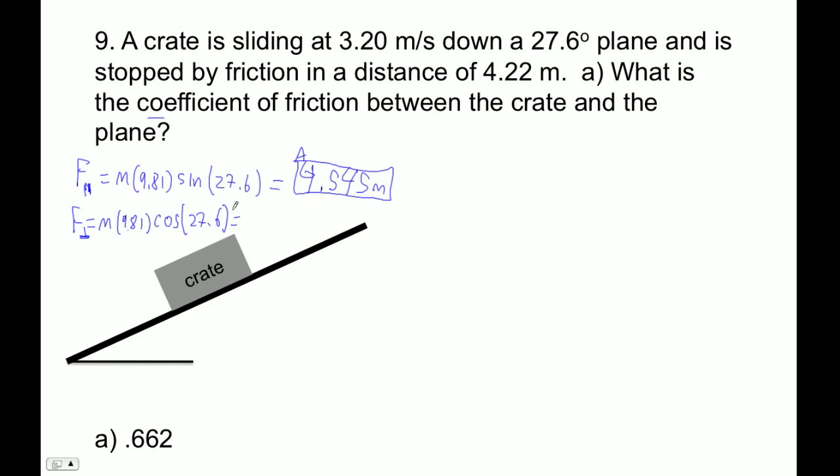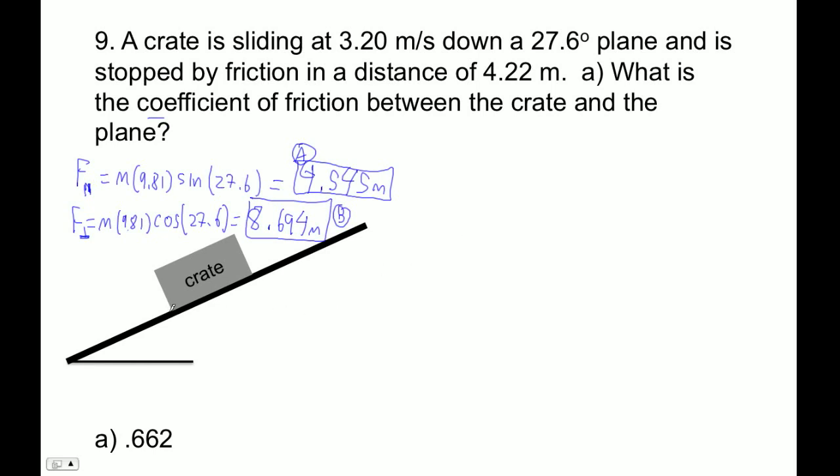And that is 8.694, and that's times m. I'm going to store that in B. These little things I'm circling there, that's register A, register B on my calculator, so I can get those numbers back later if I need them.